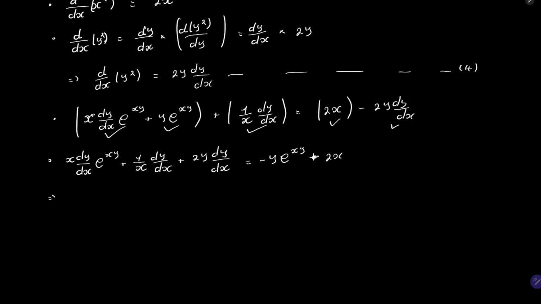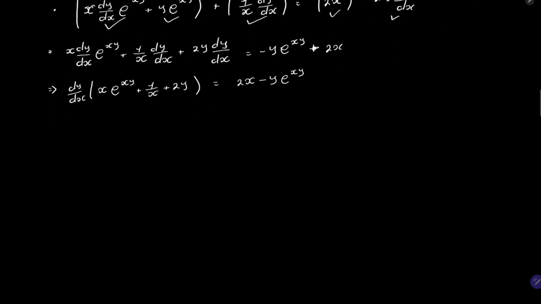So having done this, we can then factorize out dy on the x on all the terms of our left hand side, leaving us with dy on the x, in brackets, x e to the xy plus 1 on x plus 2y, all that equal to 2x minus y e to the xy.